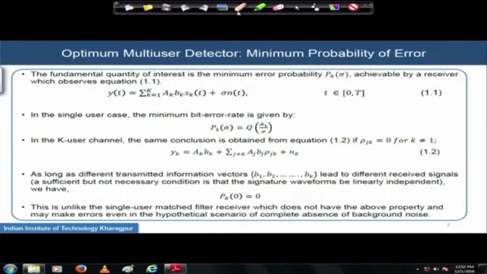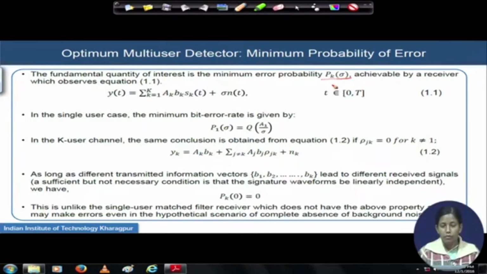The error probability in the optimum multi-user detector situation, we will define as P_k(sigma), where k indicates the user.